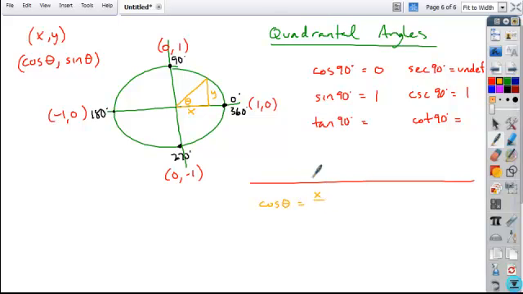The adjacent is the length x, and the hypotenuse is the radius of this circle. So x over r is our cosine. The sine in general terms for any circle or any point on the unit circle is the opposite, y, over the hypotenuse, r. And then the tangent is opposite y over adjacent x.